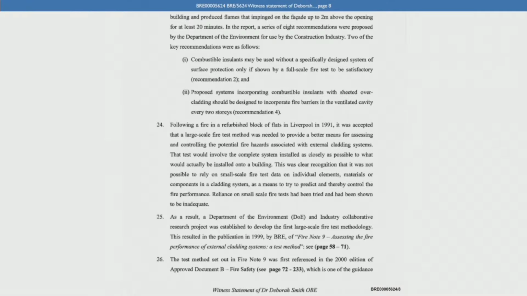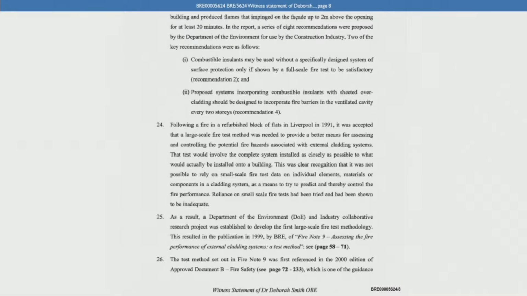That test would involve the complete system installed as closely as possible to what would actually be installed onto a building. This was a clear recognition that it was not possible to rely on small-scale fire test data on individual elements, materials or components in a cladding system as a means to try to predict and thereby control the fire performance. Reliance on small-scale fire tests had been tried and had been shown to be inadequate.